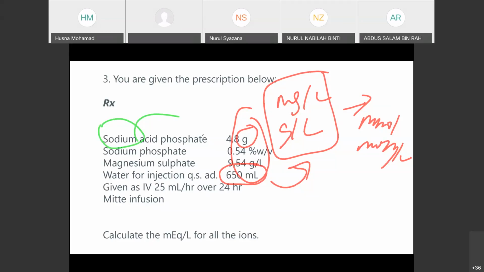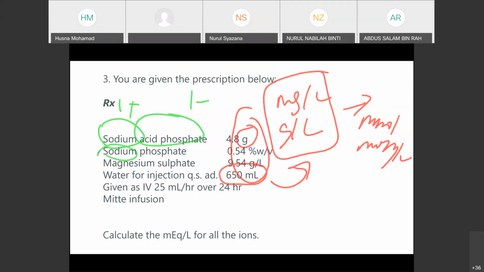how many valency for sodium? Valency for sodium 1 plus, acid phosphate 1 minus.